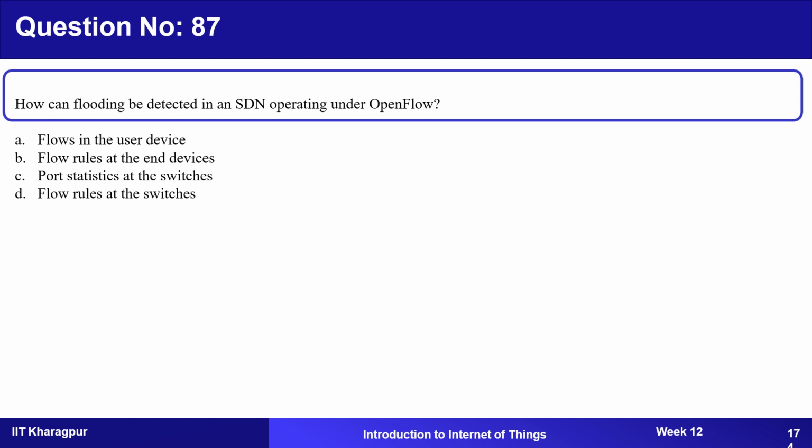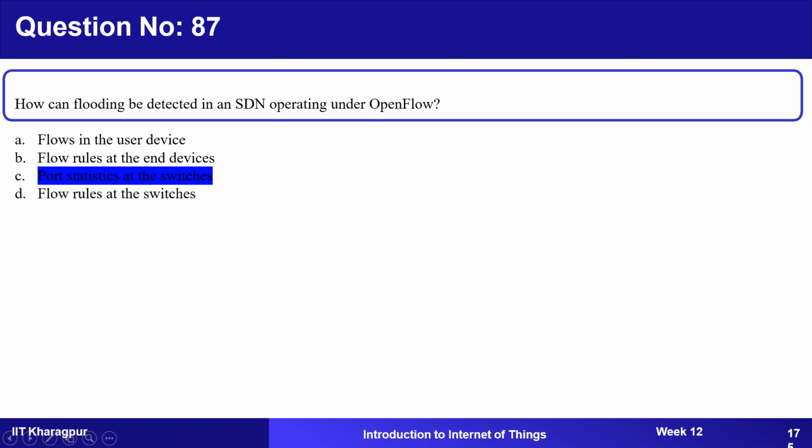Anyone else? Flows in the user device. Correct option is port statistics at the switches.